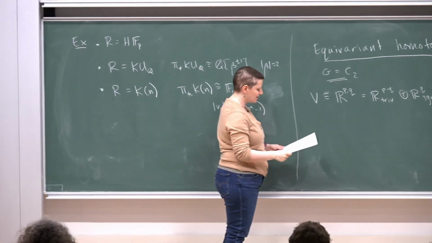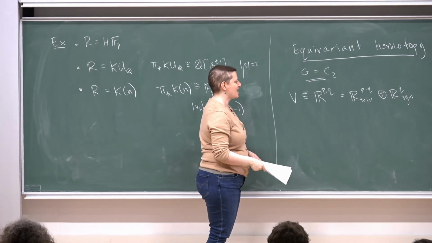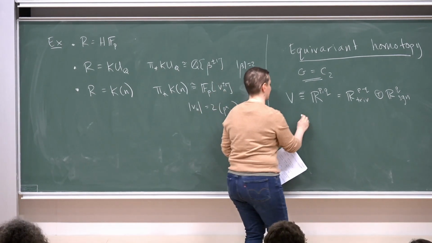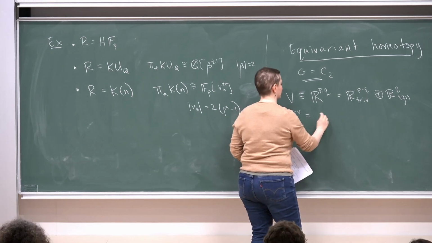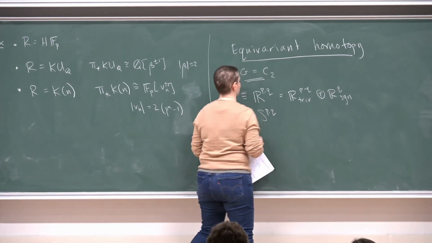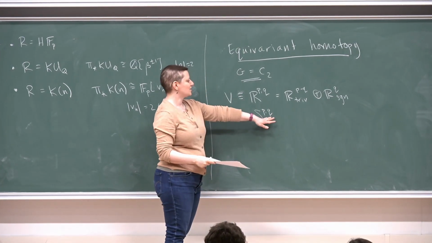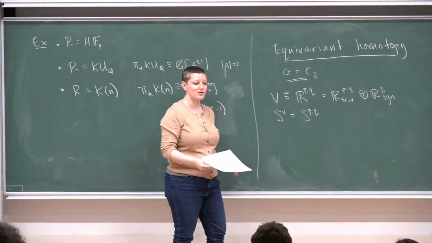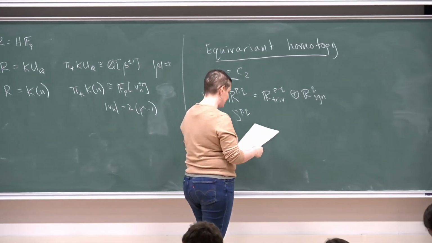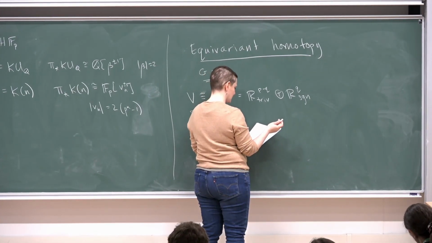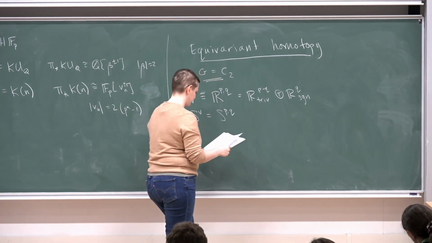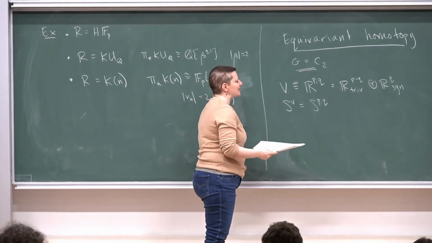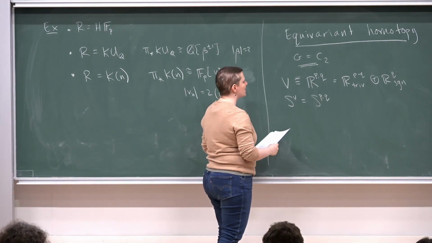So following this motivic grading convention, when I take the one-point compactification, I get a p-sphere, and q tells me about the twisted dimension, or the C2 action on this p-dimensional sphere. Okay, so same setup as we had before.